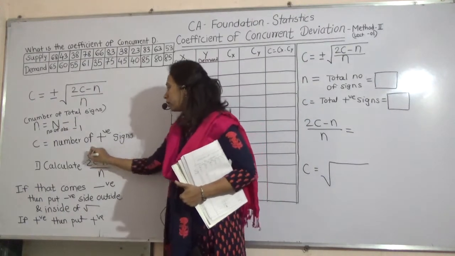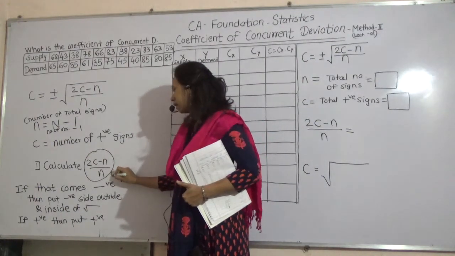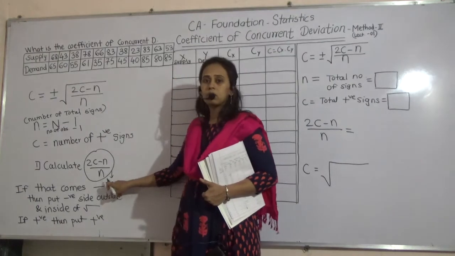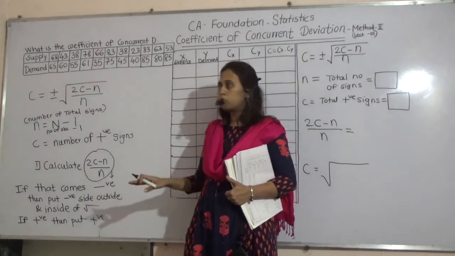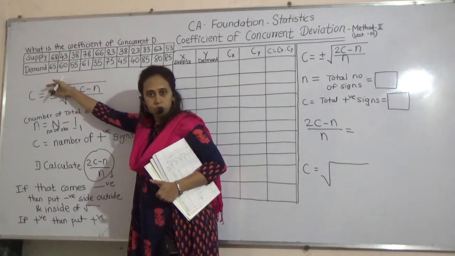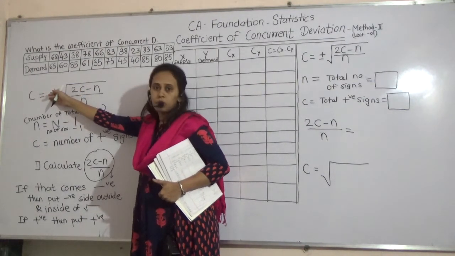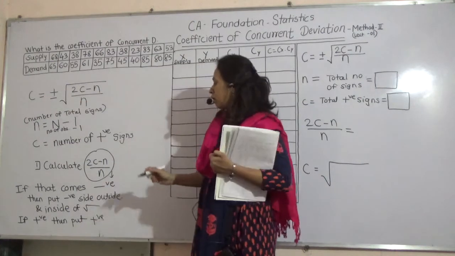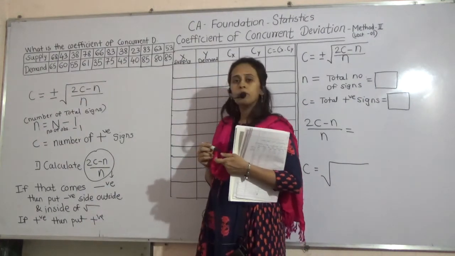If I get a negative answer, then you have to put a negative sign, and if you get a positive answer, you put a positive sign. When we solve the problem, you will understand.